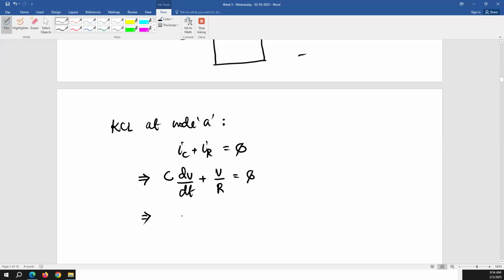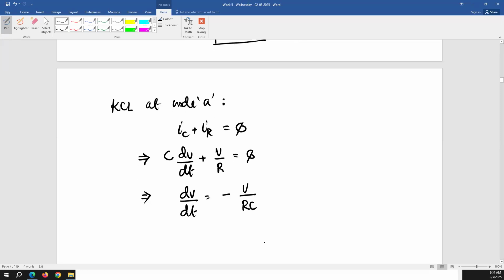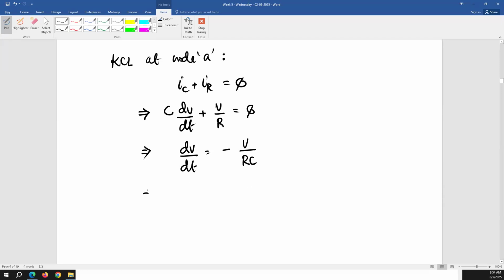Okay, we'll manipulate it a little bit. So we'll keep this as dV over dt is equal to negative V over RC. We take this on the other side, divide both sides by C. And then we bring V over here and we took dt on the other side, minus 1 over RC times dt.